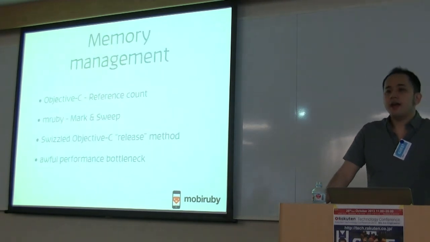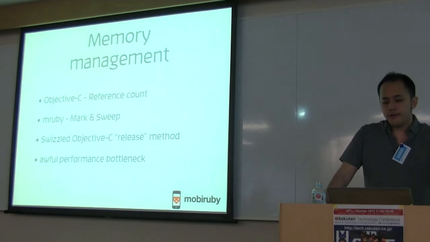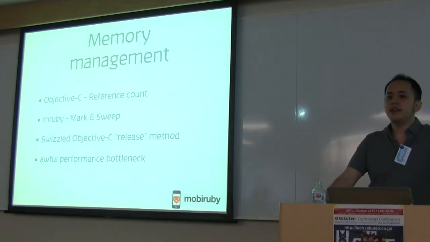In this library, the hardest part is memory management. Objective-C uses reference counting, but Mobiruby uses mark and sweep garbage collection. It's hard to free objects correctly in both environments. Now, all Objective-C class release methods are overridden.